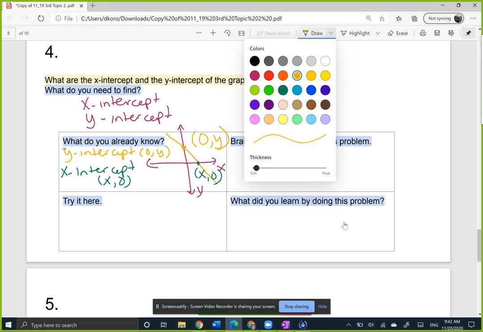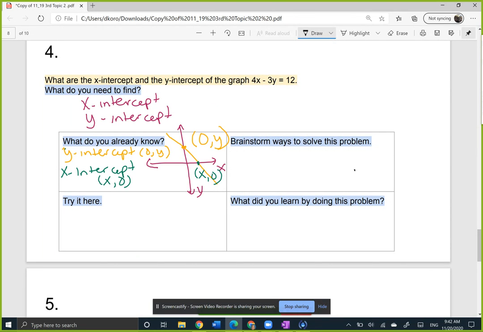All right, so now brainstorm ways to solve this problem. Again, I'll put it on the whiteboard so you can go through that. But brainstorm ways, so make a T-chart. That's the way I taught you. So you're going to do x-intercept, y-intercept.